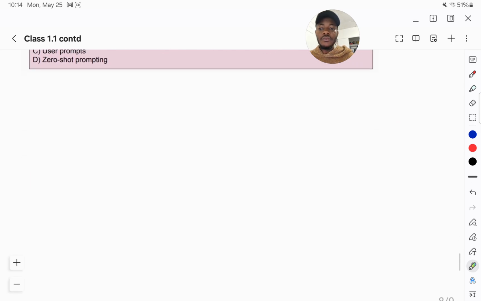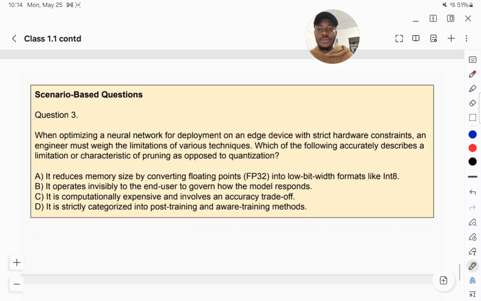Okay? Question 3. When optimizing a neural network for deployment on an edge device with strict hardware constraints, an engineer must weigh the limitations of various techniques. Which of the following accurately describes a limitation and characteristics of pruning as opposed to quantization? A, B, C, or D?